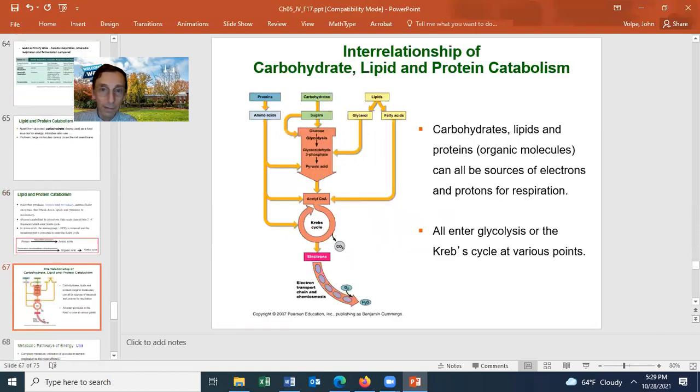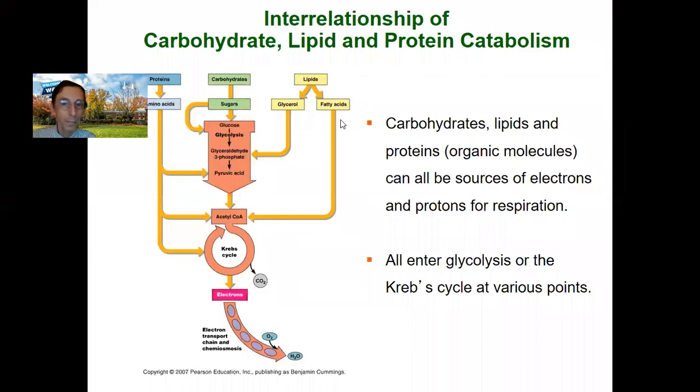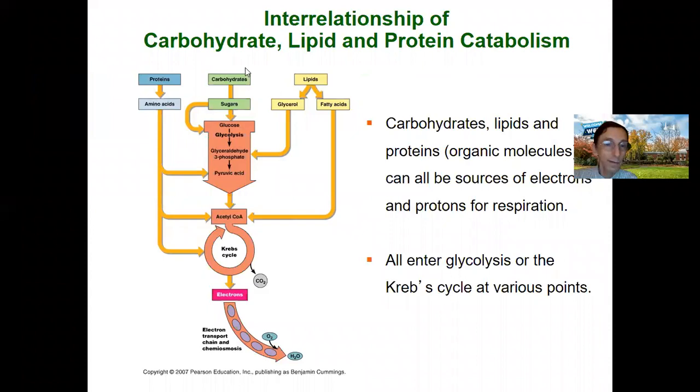So let's show that here. I'm going to try and blow this up. So carbohydrates are just converted into glucose and then sent through normal aerobic respiration. Lipids are broken down into glycerol and the fatty acids. The glycerol joins the glycolysis midway. The fatty acids are broken into a 2 carbon chunk and then enter the Krebs cycle.